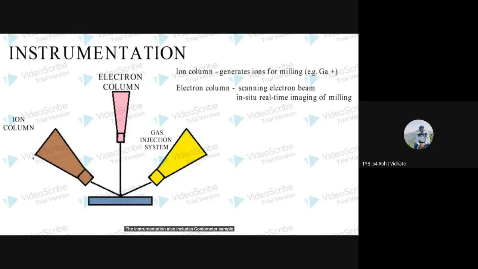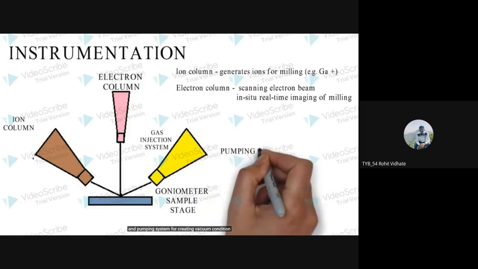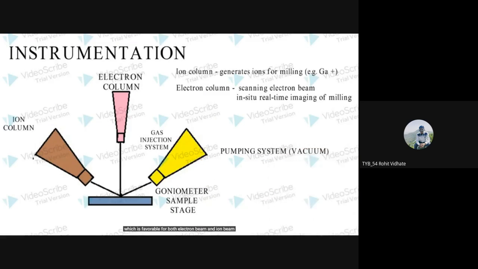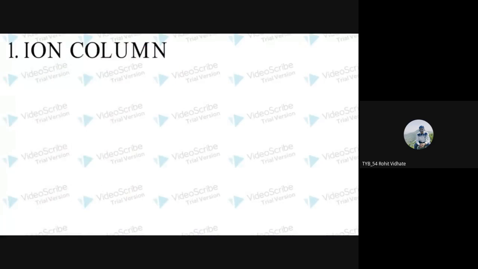So the instrumentation also includes a goniometer sample stage, that is the stage at which the substrate or workpiece is held, and a pumping system for creating vacuum conditions, which is favorable for both electron beam and ion beam. So there are a total of 5 aspects: ion column, electron column, gas injection system, goniometer sample stage, and pumping system.